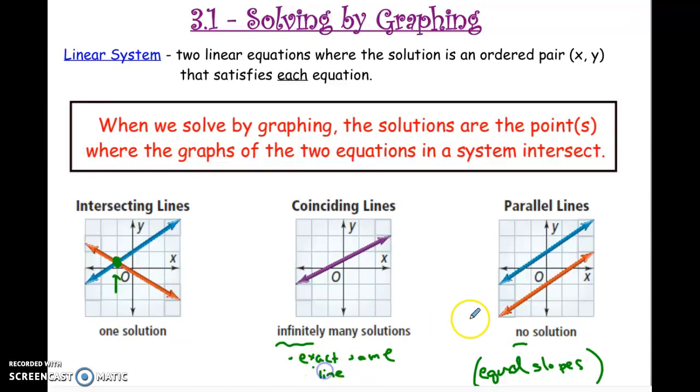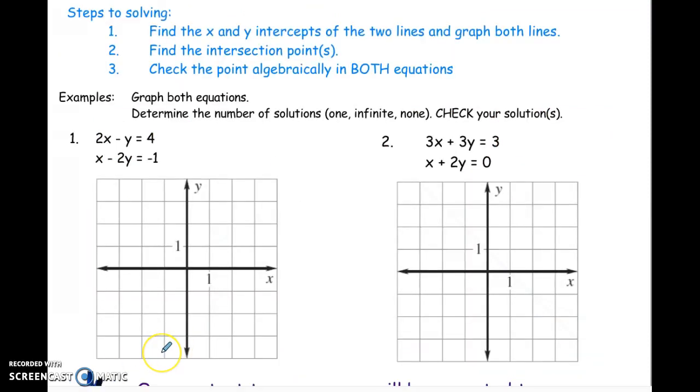Okay, let's look at some examples. We're going to graph these however we want to, and even though systems are not going to be on your Unit 2 test, graphing lines is a really great review concept. Since this one is written in standard form, I'm going to graph it using my intercepts.